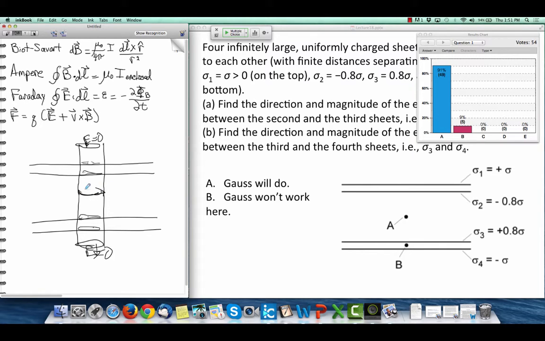Suppose I go back to this point A. And let me try to erase this, but I'm sure I'm going to erase too much. Nope, not bad. The charge enclosed here, there's no electric field at the top.